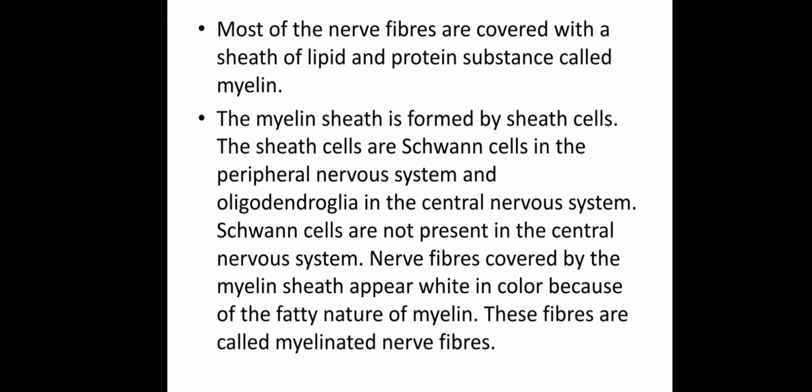Schwann cells are not present in the central nervous system; they are only present in the peripheral nervous system. Nerve fibers covered by the myelin sheath appear white in color due to the fatty nature of myelin. These fibers are called myelinated nerve fibers.